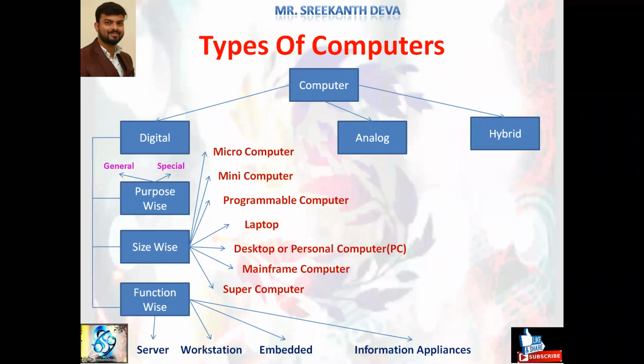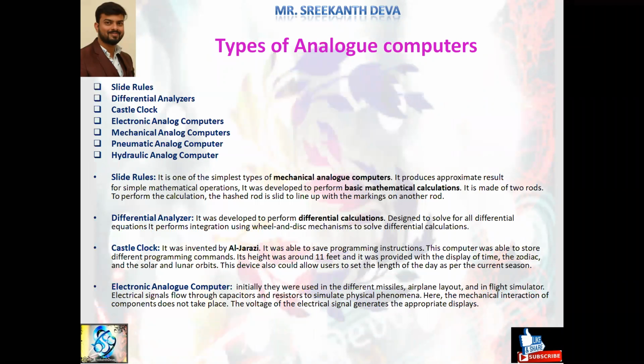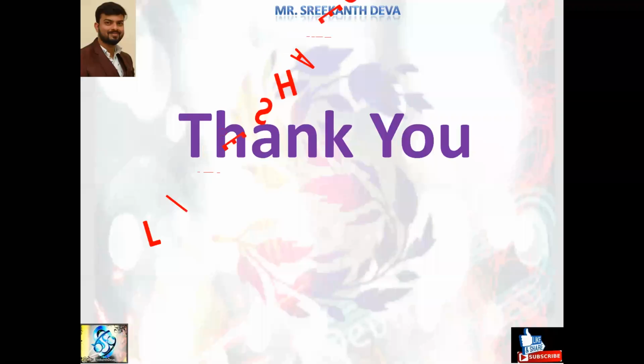And today we discussed in detail analog computers and hybrid computers. Analog computers, with several examples, components, and some applications. Hybrid computers with advantages. So this is about today's session. I clearly explained the different types of computers with the components, applications, and advantages.